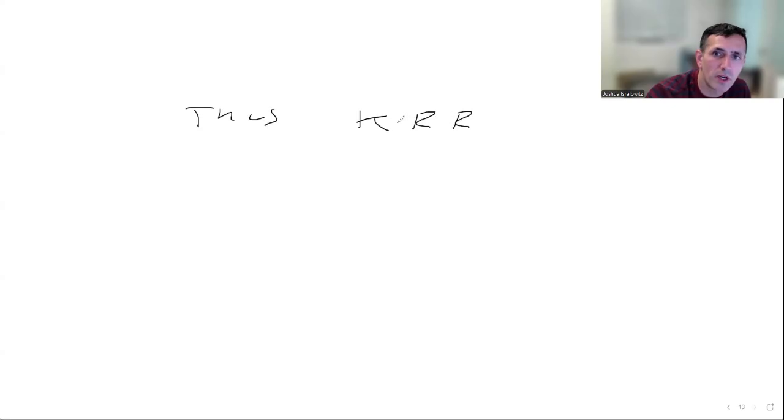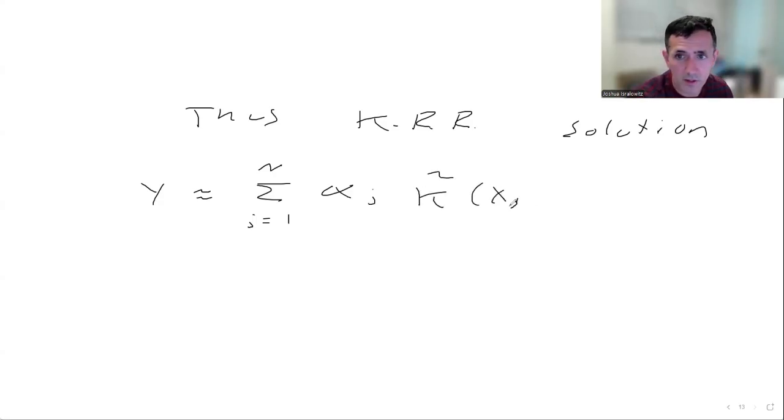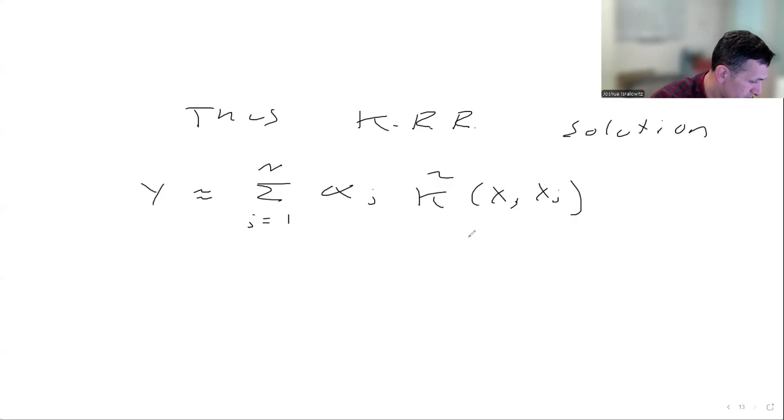So the kernel ridge regression solution is y, let's say, approximately the sum over j equals 1 to n of alpha j k tilde of x, x j. Right, so let's just write out what this is.